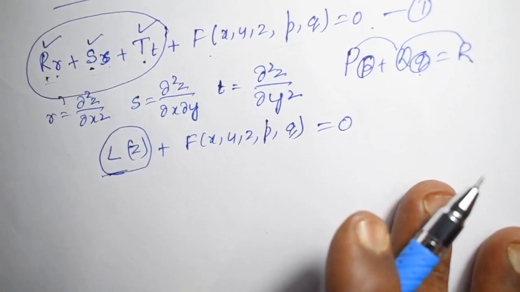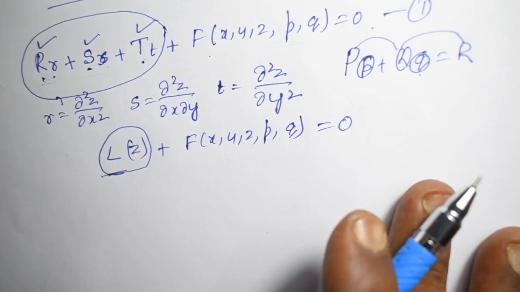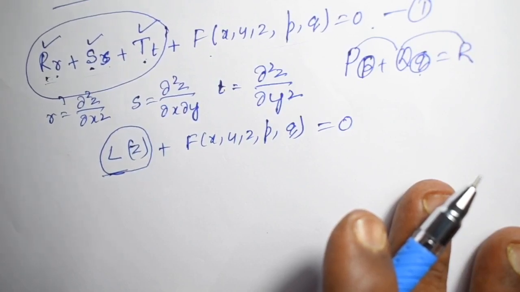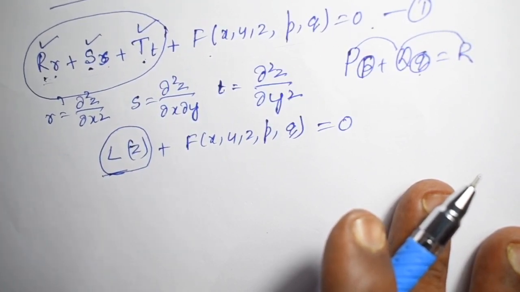Here our intention is to transform the equation from one form to another form, because if it is difficult to find the solution in one form, then in the other form you can find the solution easily.